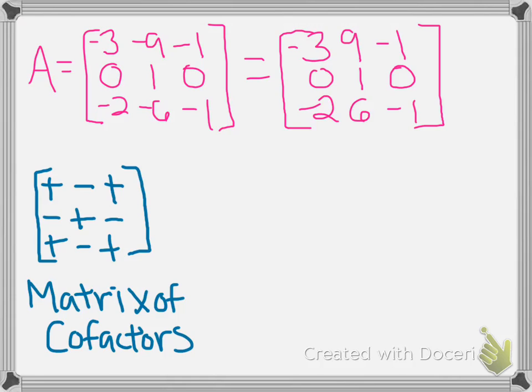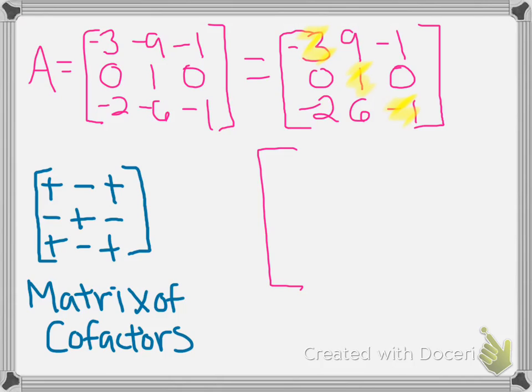So now we have to change it into the adjoint. To change the matrix of cofactors into the adjoint, you keep only the diagonal the same. So only the -3, the 1, and the -1. And then you flip everything else around.